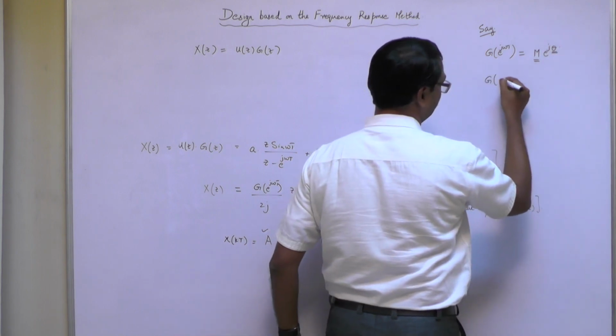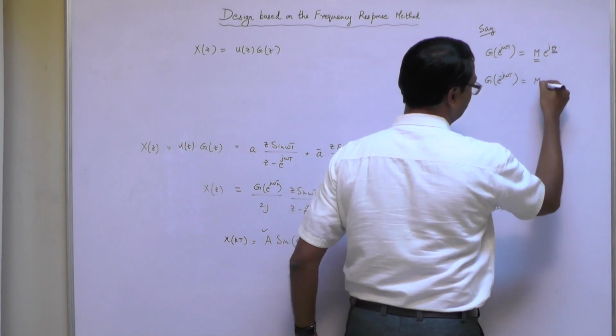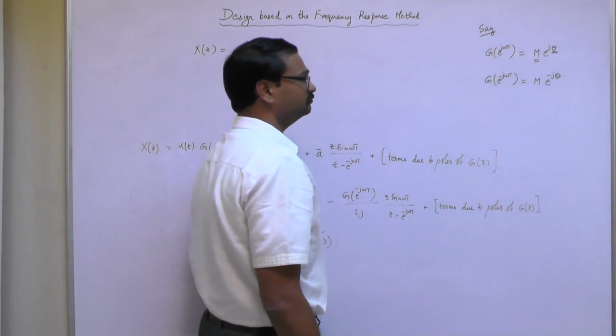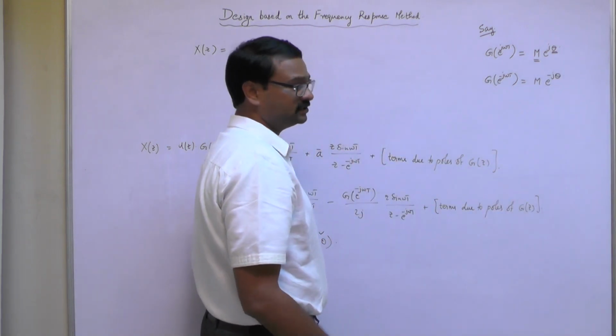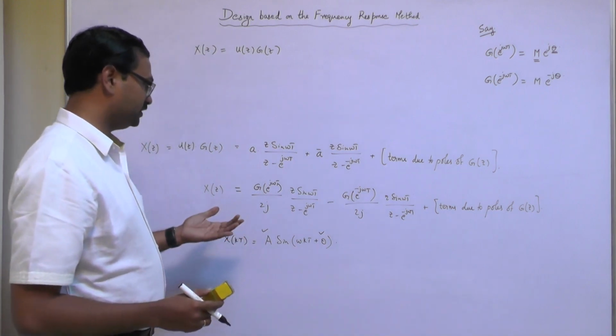Similarly, when we have e^(−jωT), we have M e^(−jθ). Magnitude is the same and theta is minus theta. Okay, so that we can replace it here.